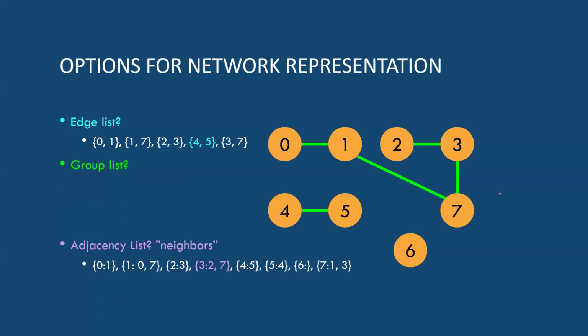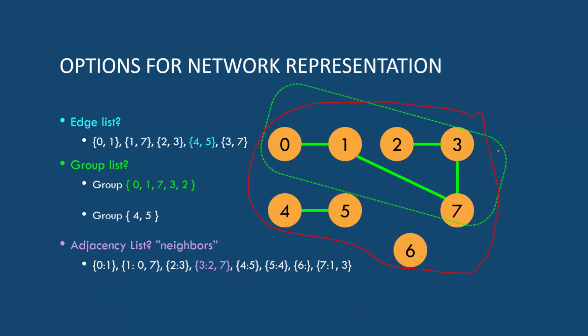But today with union find, we're going to use grouping instead of an explicit graph structure. So what we're going to say is, hey, this graph right here is represented by a couple groups, and we're only going to store information about membership and nothing else, okay? So what we would be saying is this particular graph, this whole graph, has 3 components, right? And you might say, oh, well, how are they connected? And I'm going to say, sorry, I can't answer that question.